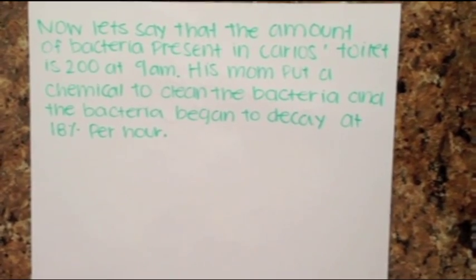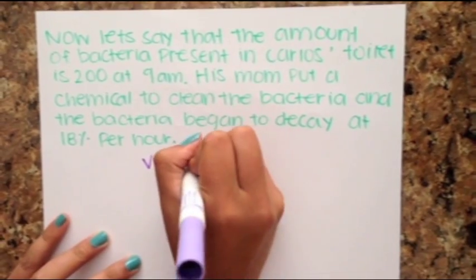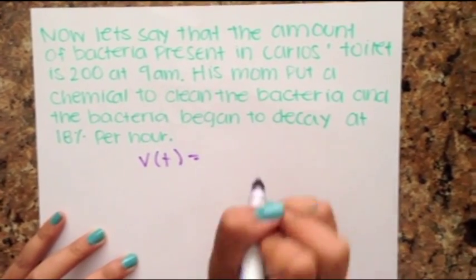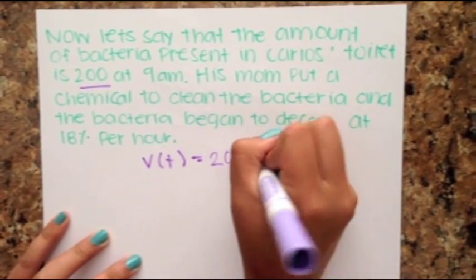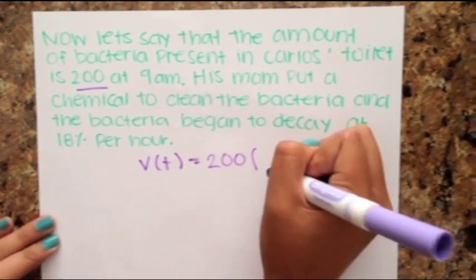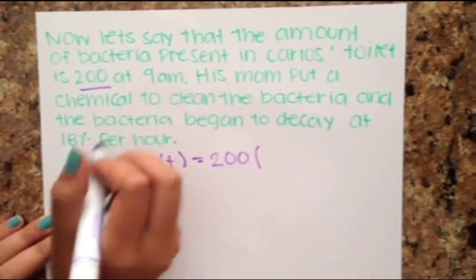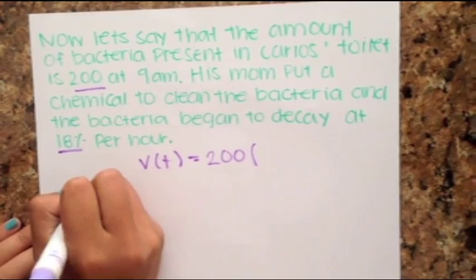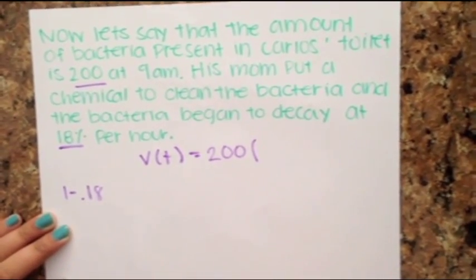Our equation should come out to v of t is equal to our initial value, which is 200, times our multiplier, but this time our multiplier is going to be 1 minus the 18% because the initial value is decaying.